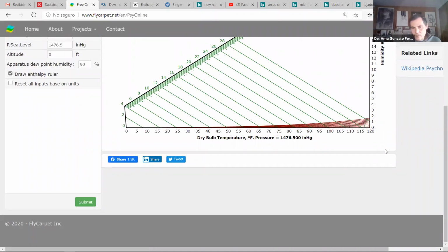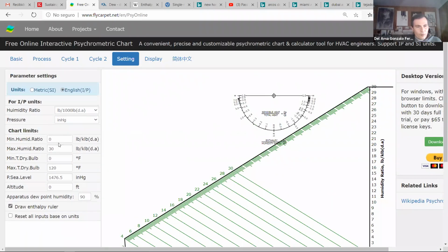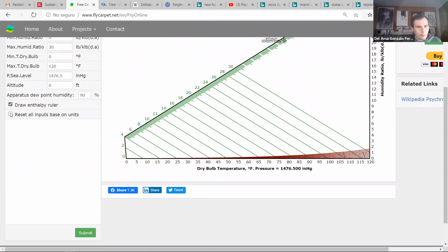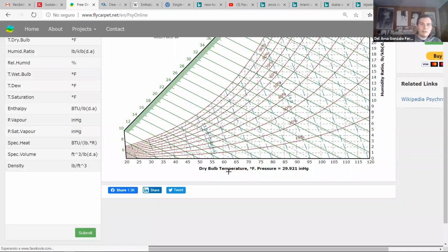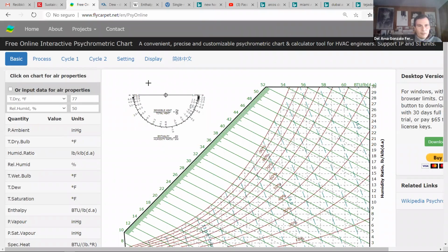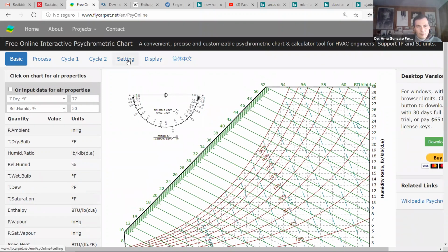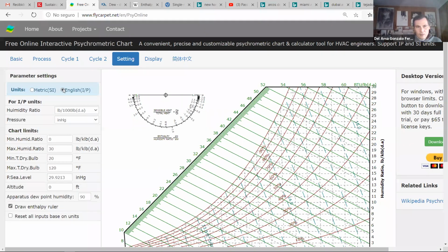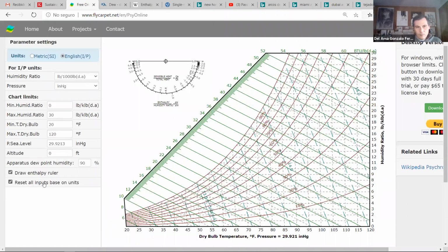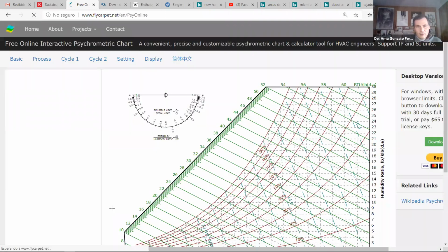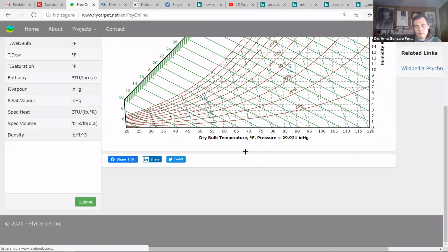We have this chart, which is very ugly, so we have to click here, reset all inputs, and then submit again. Okay, so now we have a nice chart, and these temperatures are in Fahrenheit, and all units are imperial units. So by default, you copy this link, you open the website, go to settings, select English units, select reset all inputs, and submit, and then we have the chart in imperial units.